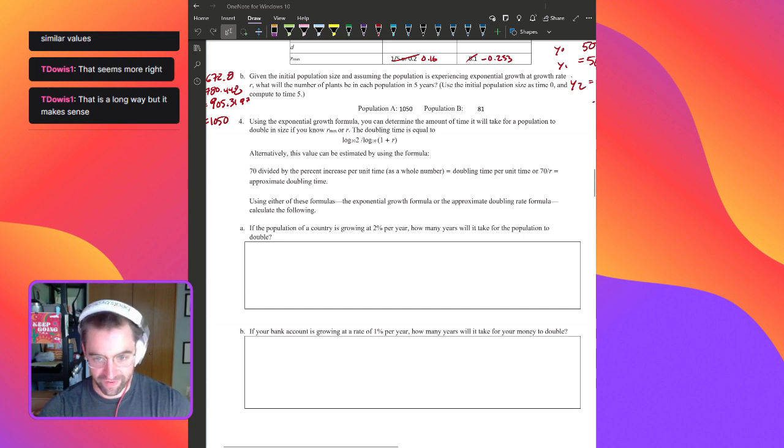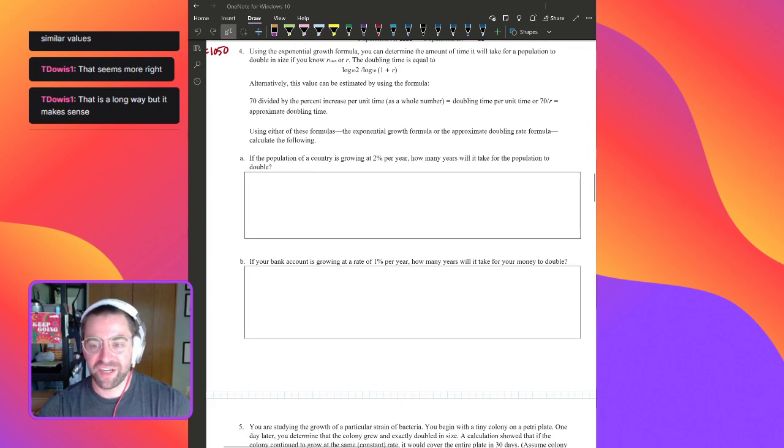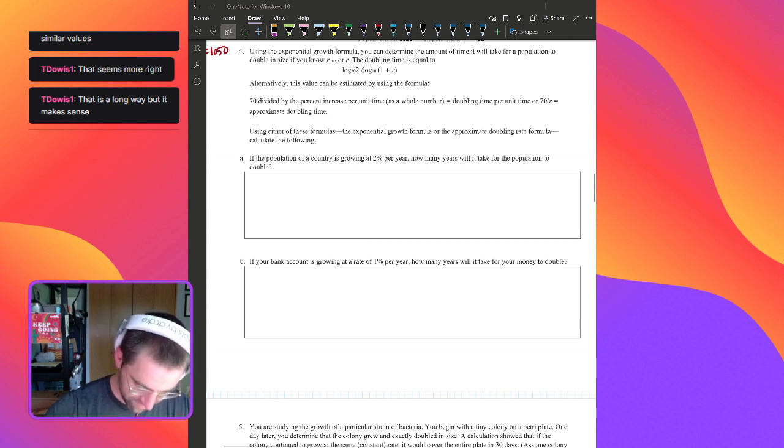Calculate the following. If the population of a country is growing at 2% per year, how many years will it take for the population to double?